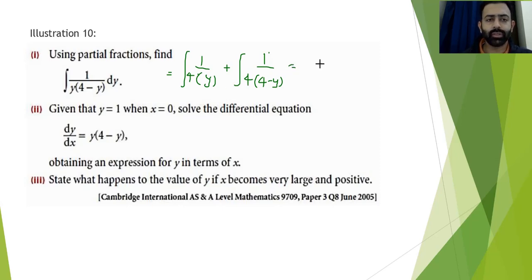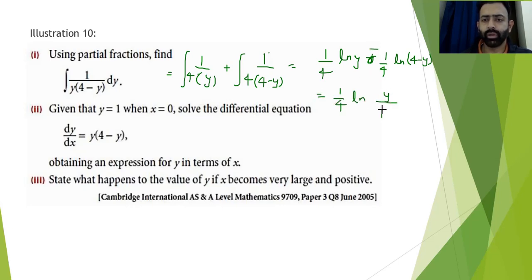So let us integrate this. This is 1 by 4 ln y plus 1 by 4 ln of 4 minus y. And here the coefficient of y is negative, so this will be minus. So 1 by 4 ln of y over 4 minus y. This is the solution of this integration.